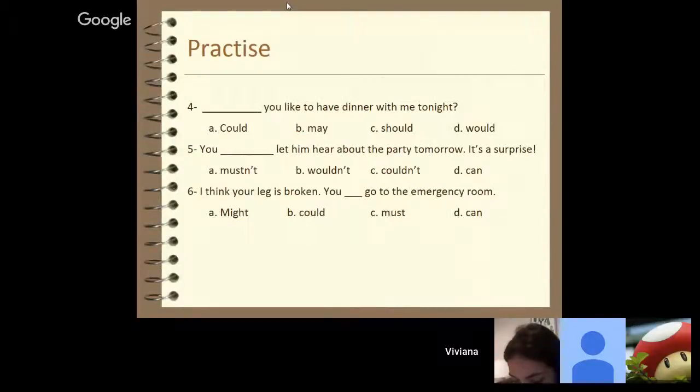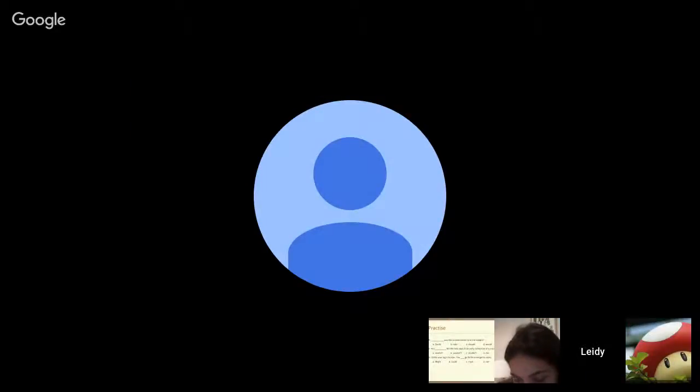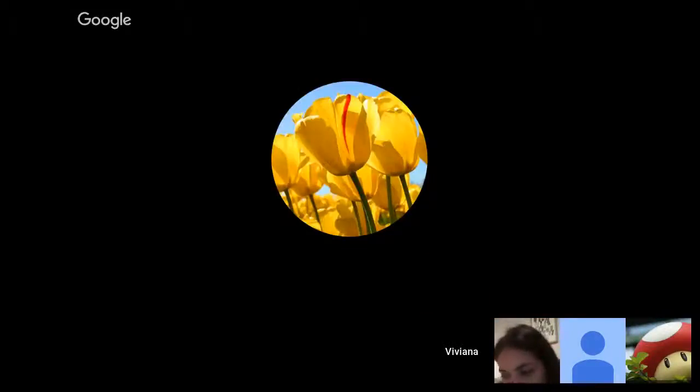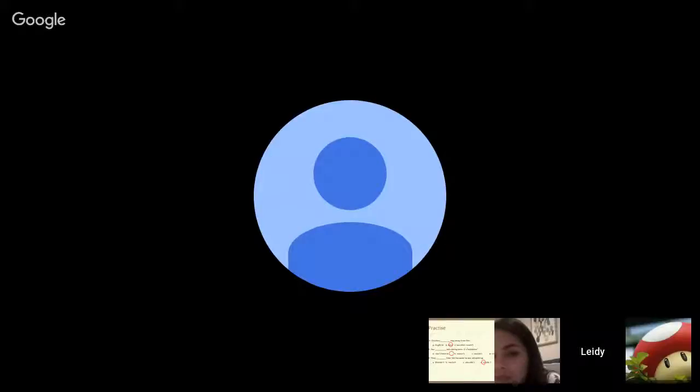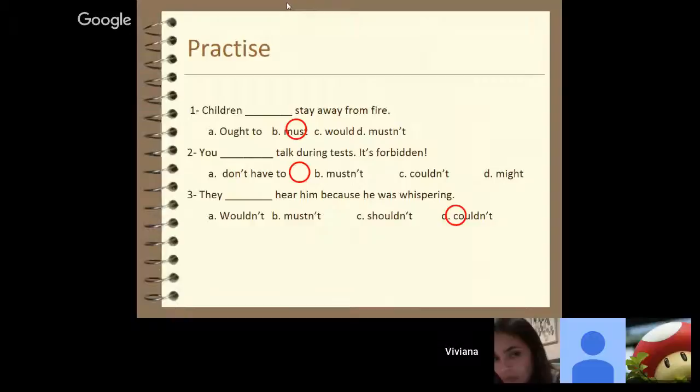Now, teacher, let's go. Yes? Tengo una duda en la anterior, por favor. Yes, okay. Tell me what? ¿Cuál? In the phrase A, ought to. I think that ought to is similar to should. Of should? Yes.